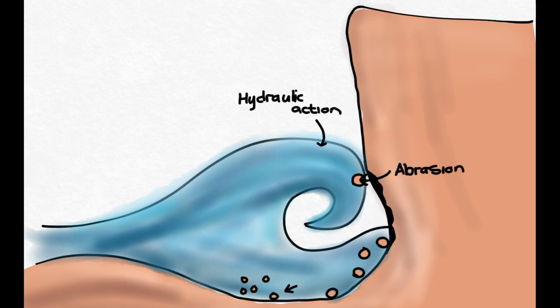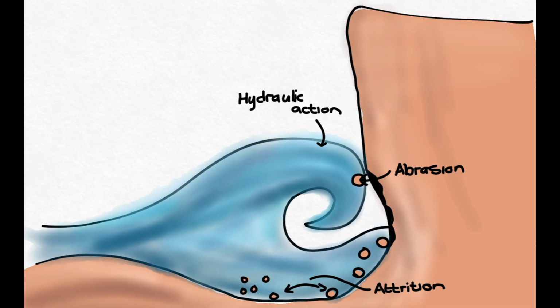Then we have attrition, and this refers to the process where rocks and sediment particles are transported by the waves. They then collide and break down into smaller, smoother, and more rounded pieces due to the friction and the impact. So we need to understand the difference between abrasion and attrition. Abrasion is when the rocks or other materials that are carried by the wave are then thrown against the coastline, causing more material to be broken off.